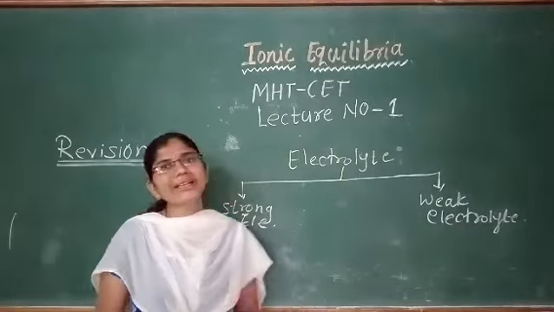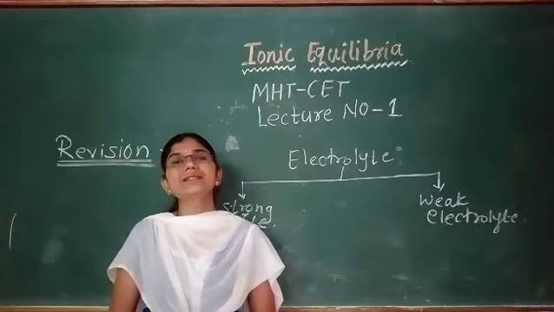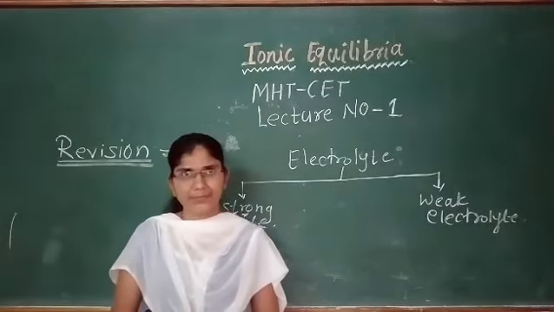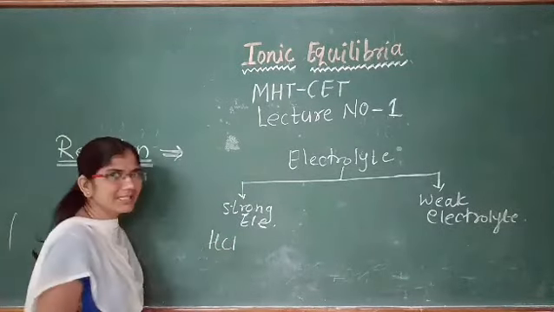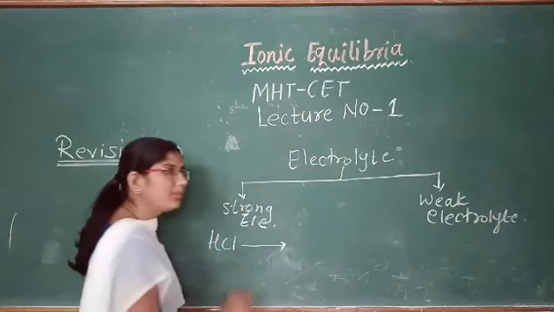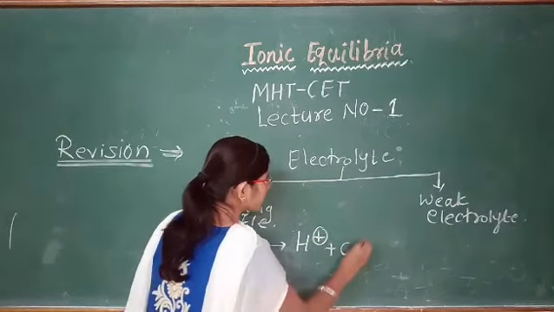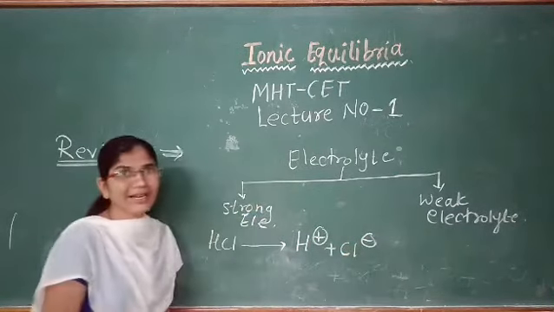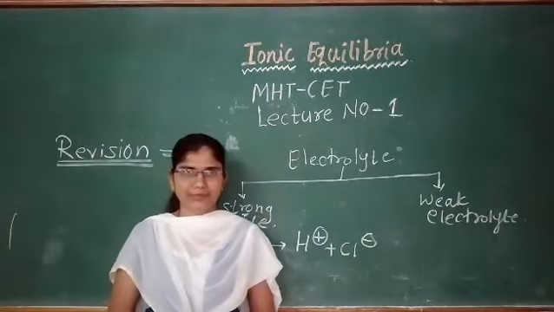For example, if we take the example of HCl, then it dissociates completely into its ions as H plus and Cl minus. This is a strong electrolyte.